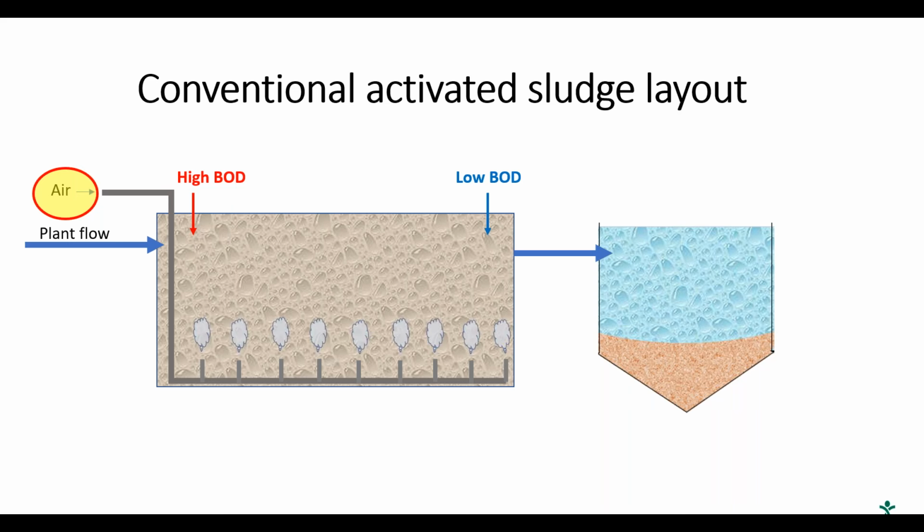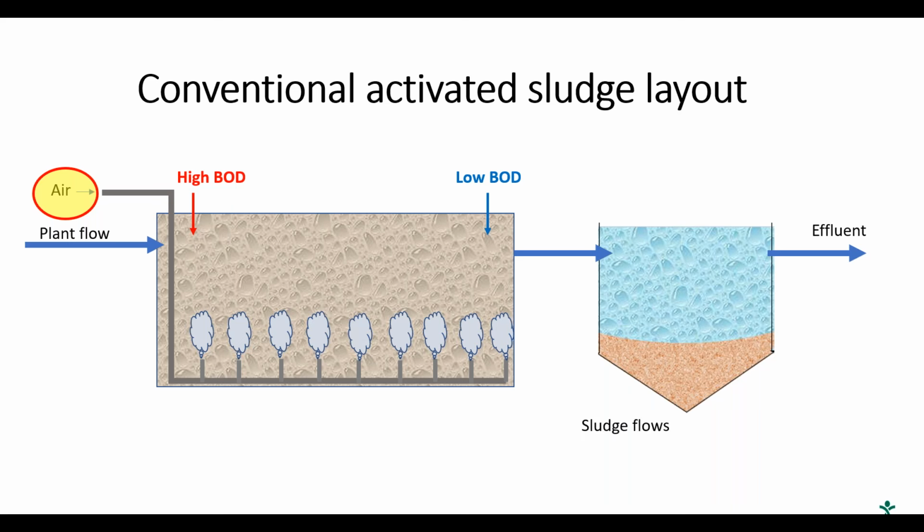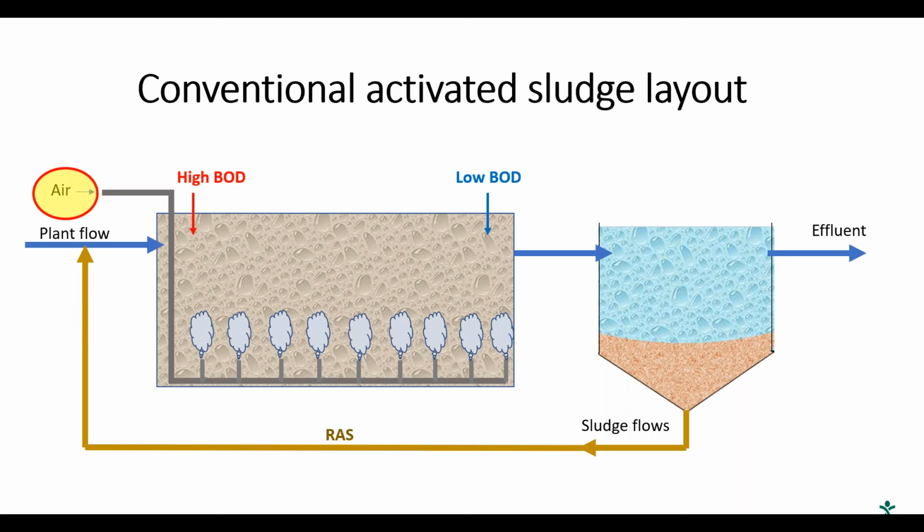You have air coming in to the aeration tank, high oxygen demand at the beginning, low oxygen demand at the end, like we saw. And then we have our sludge flows, a return activated sludge coming to the inlet of the tank, and then our waste activated sludge, getting rid of solids.